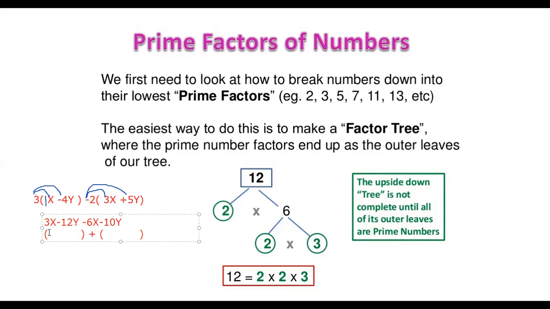Then we will put the like term together like 3x minus 6x. And then we will move to the second group, which is negative 4y minus 10y. Then we will close the parentheses. After that, we will simplify.